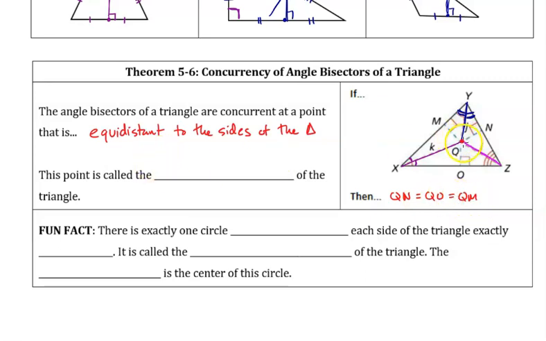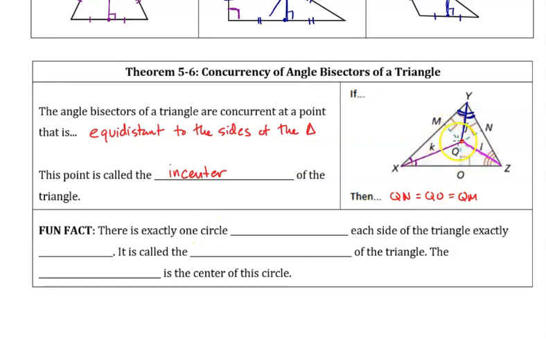That point also has a name, just like the circumcenter was the name for the concurrency point for the perpendicular bisectors. The concurrency point for the angle bisectors is called the incenter of the triangle. It's called the incenter.